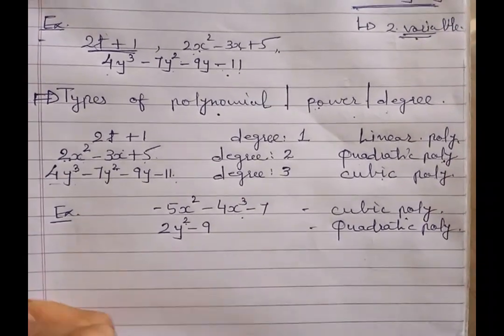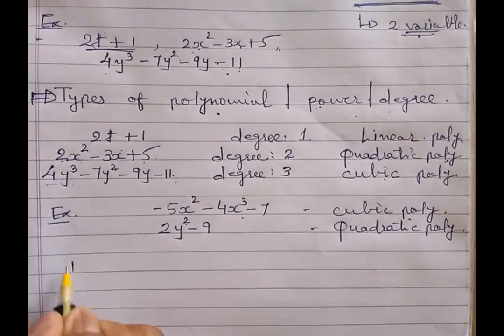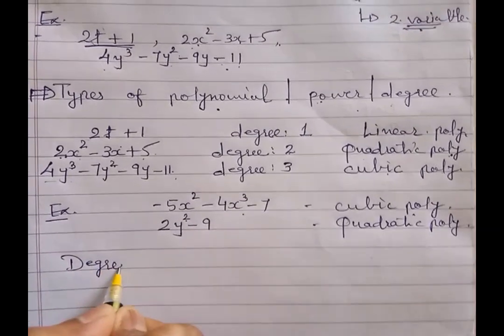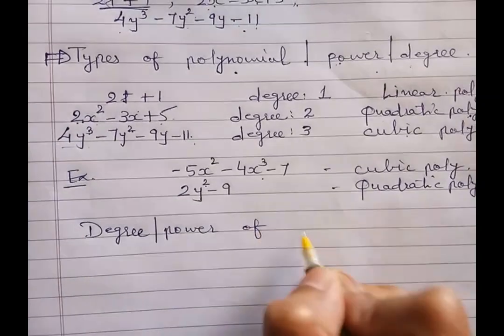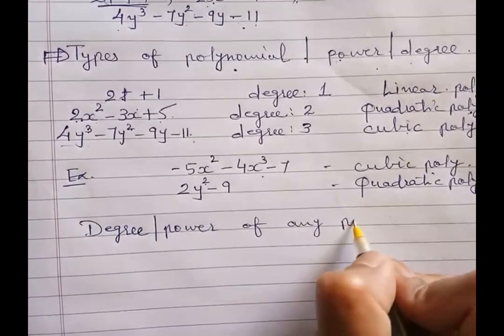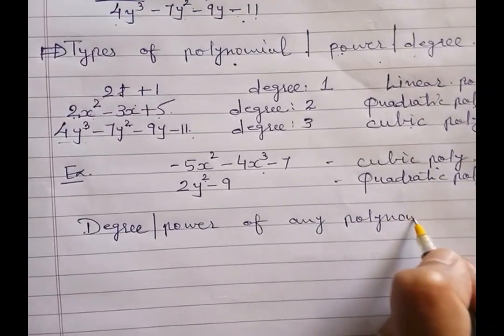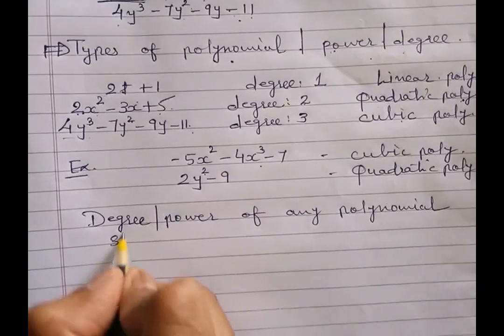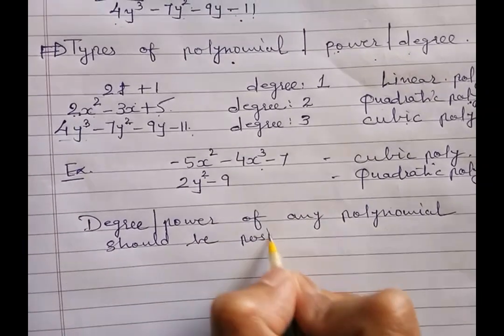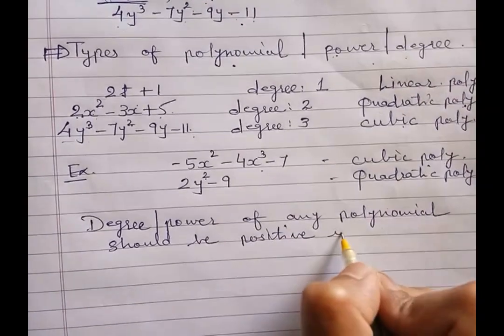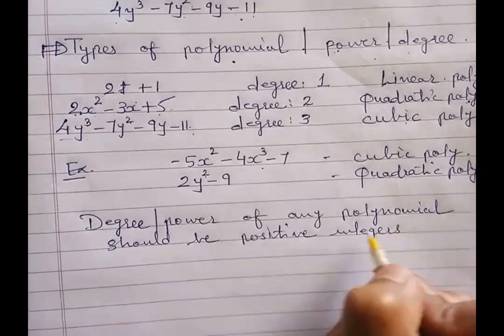Now another thing to remember, that the degree or else the power of any polynomial should be positive integers only.